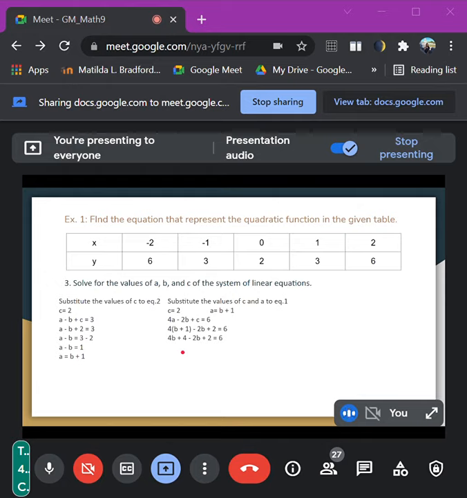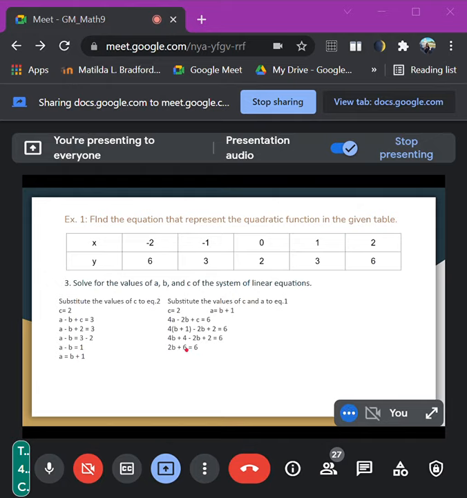Now, as you can see, we can combine like terms. We can combine 4B and 2B, and the 4, the 2 and the 6. So 4B minus 2B, that is 2B, and 4 plus 2, that is 6, and on the right side it is equals to 6.